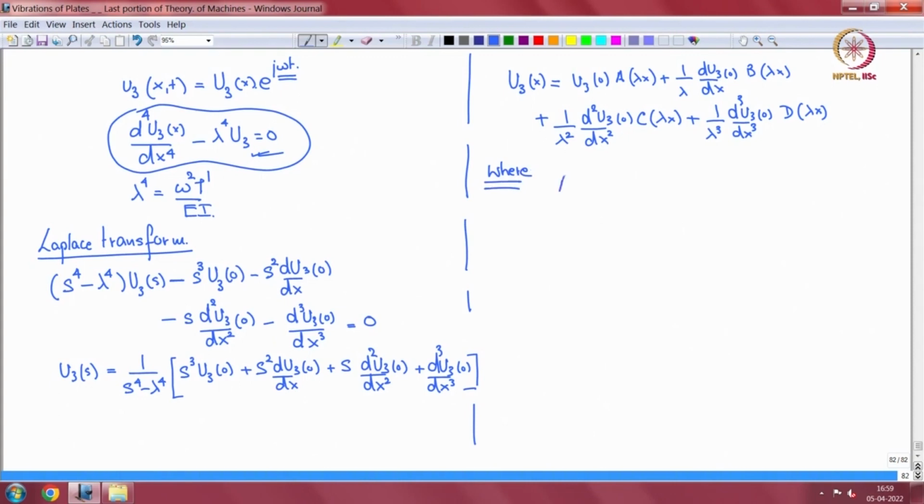A of lambda x is given by a half of cos hyperbolic lambda x plus cos lambda x. B of lambda x is equal to 1/2 of sin hyperbolic lambda x plus sin lambda x.